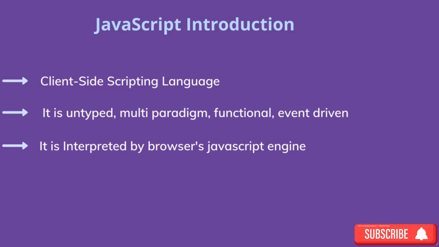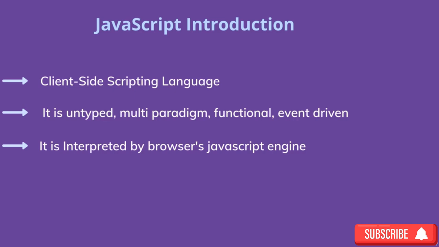Client-side means whenever you execute the JavaScript on a web page, the complete execution will happen on the client side only. There will be no server-side interaction while executing the JavaScript. That's why whenever we try to do some operations like putting validations or doing animation-like things, everything will execute on the client side, which will also efficiently execute the page. Means the performance of the page will be better.